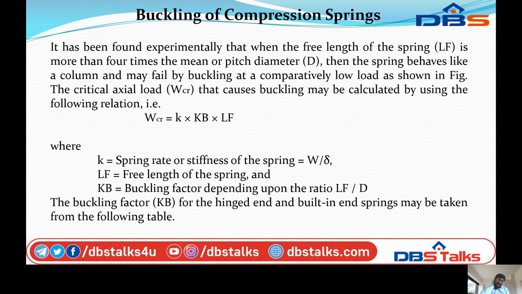So next, buckling of compression springs. It has been found experimentally that when the free length of the spring, LF, is more than 4 times the mean or pitch diameter D, then the spring behaves like a column and may fail by buckling at a comparatively low load, as shown in the figure.